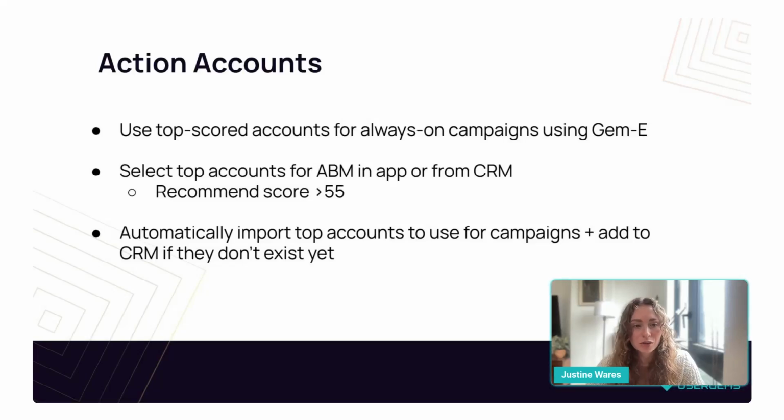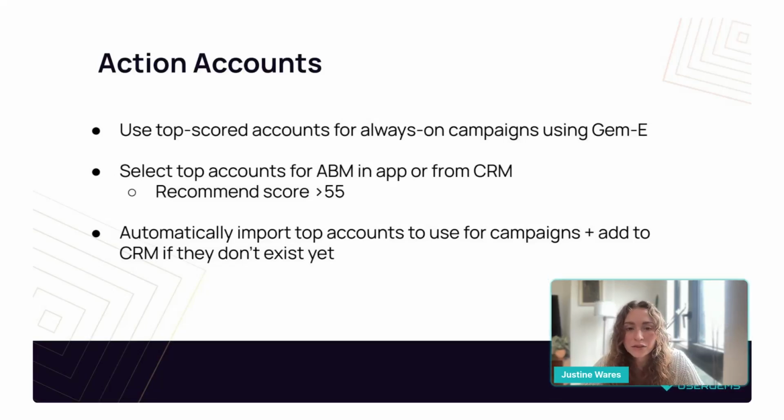And another reason to use this could be to select accounts for some type of an ABM program that you're using, or to select target accounts on a monthly or quarterly basis. You can absolutely use the scoring for that. So, for example, something that we've done this quarter with our own ABM team is use any accounts that's scored over 55. And then you would select the top 600 of those, and then you can use those for your ABM monthly, quarterly, however you run that.